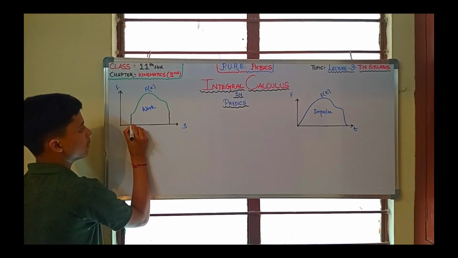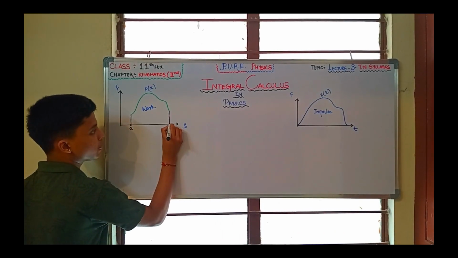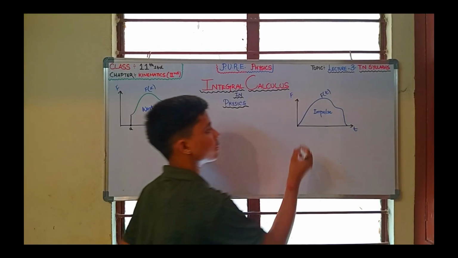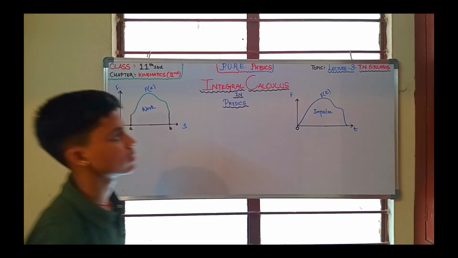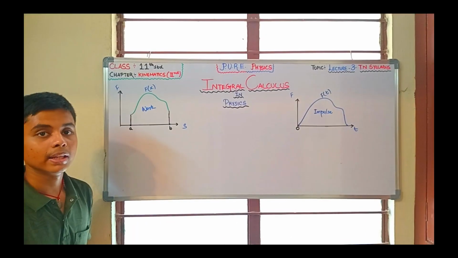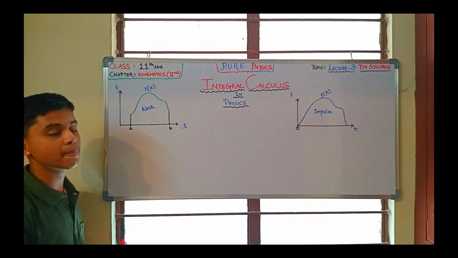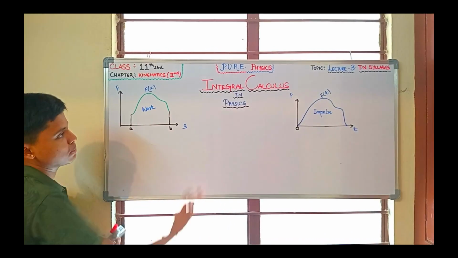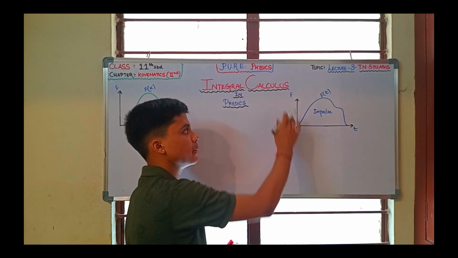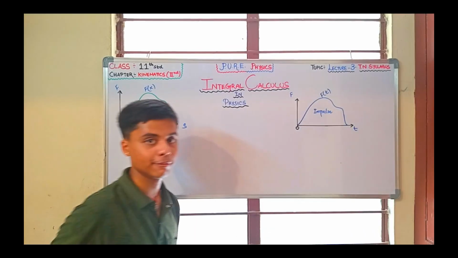This point will become point A and this point will become point B. And impulse always starts from origin at time t equal to 0. So in order to find the work done under a curve, the graph used must always be a force and displacement graph, and the graph used to find the impulse should always be a force and time graph.